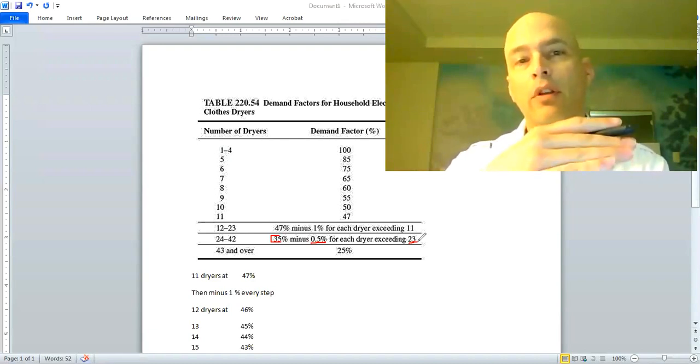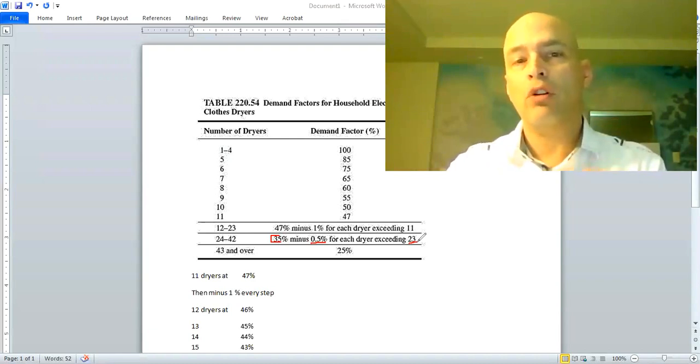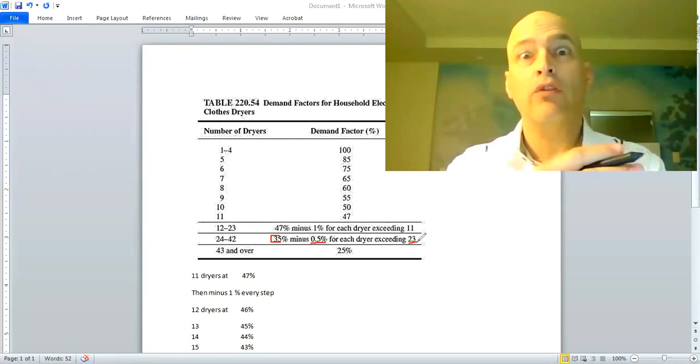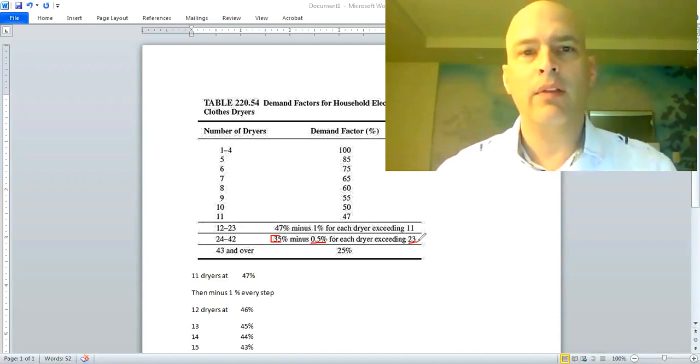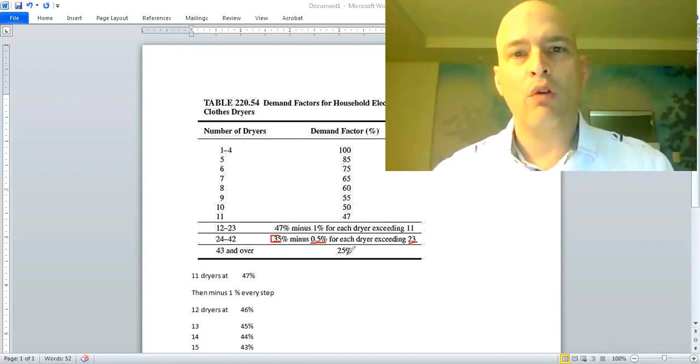So if my 23rd dryer was 35%, my 24th dryer would be 34.5%. And then my 25th dryer would be 34%, and it'd be 0.5% off on each one going down the list. And if you have 43 and over, that'd be 25%. That's the last row there.